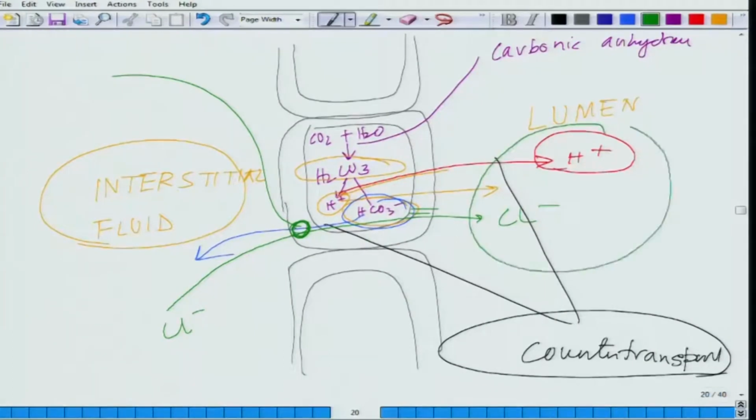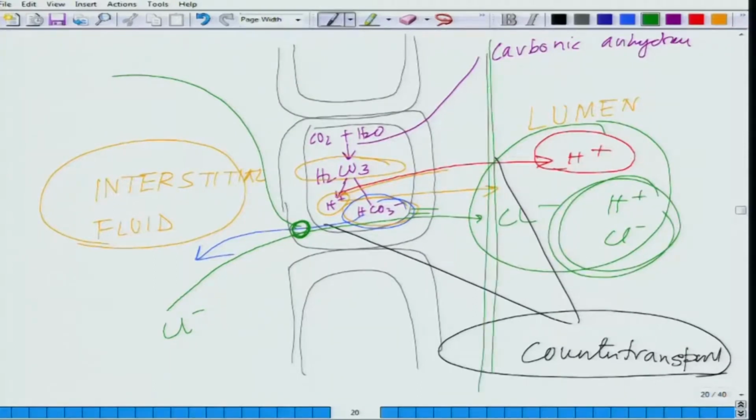So, now you have the source of H plus and Cl minus, and this side that you are seeing is the pit. This is where they are throwing out these two. Whereas when this HCO3 comes on this side, this leads to an event which is called alkaline tide. This makes the interstitial fluid fairly alkaline.